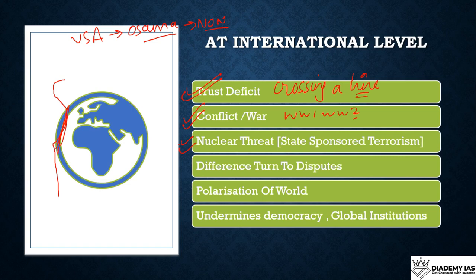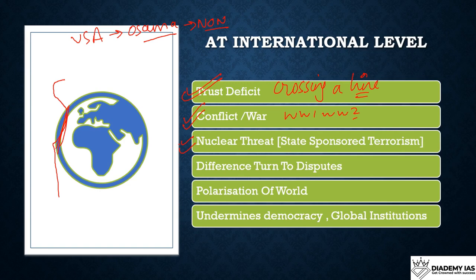And let's take the case of India. We too are a nuclear power, but nobody believes that India will attack first. That is why China also keeps poking us. But Pakistan is a different case. Here we don't really trust them to not use a nuclear weapon. Okay, a nuclear threat.